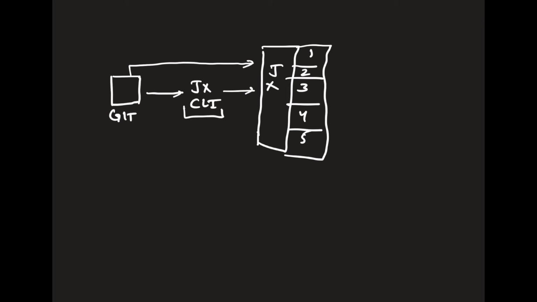So either you do it manually using the JX CLI, or directly using Git operations, using GitOps, you trigger the CI/CD pipeline in JX. And then once JX receives the request that, okay, I need to trigger a CI/CD pipeline, in the background it communicates with multiple things using the plugins.